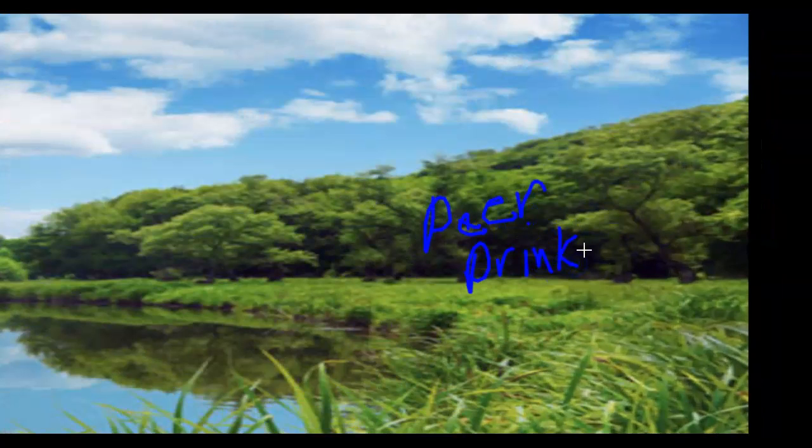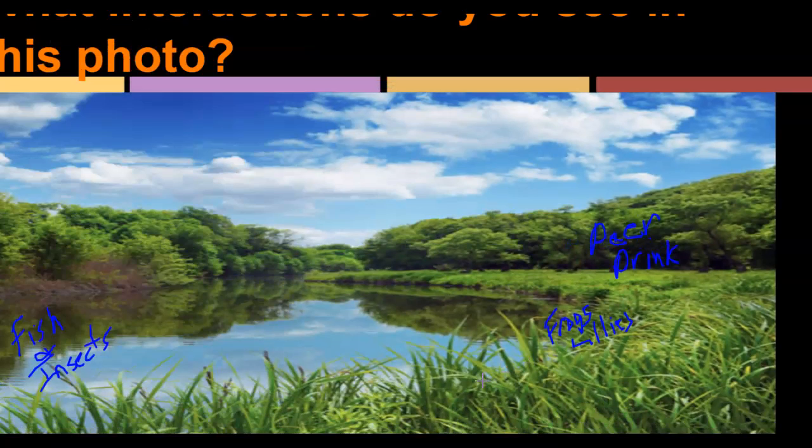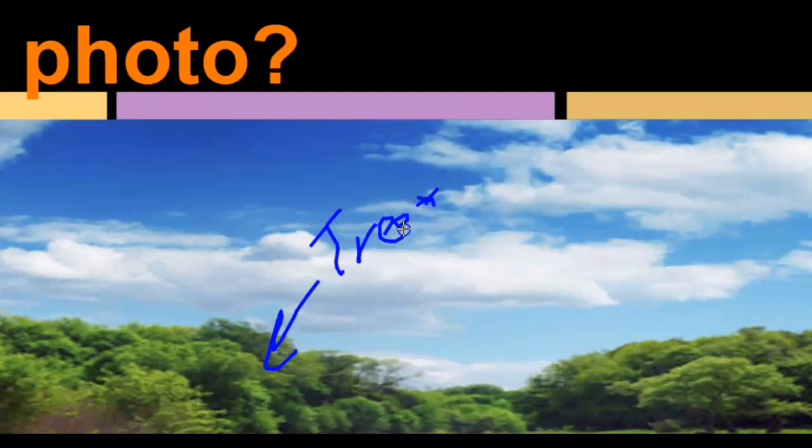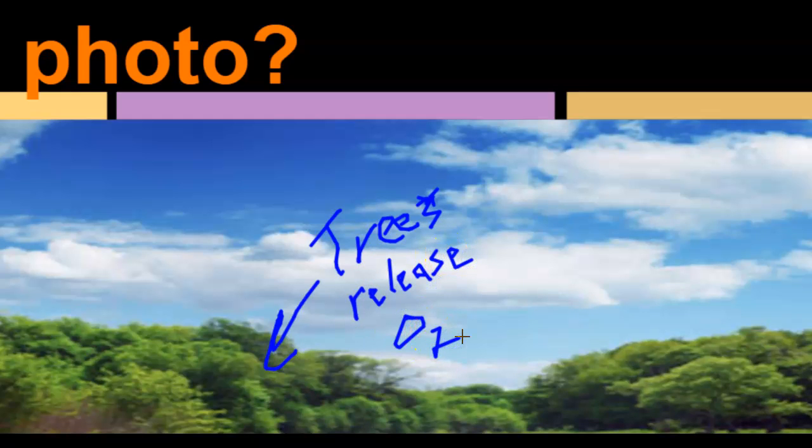You got all these trees. It could be frogs on lilies. See if you can come up with a couple of others on your own. It can be as simple as the trees going through photosynthesis and releasing oxygen.